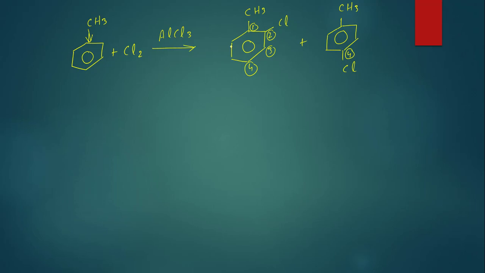Okay, if we are adding a lot of chlorine gas, for example if we have more chlorine gas, we can get a product like this. We can get one of the products like this: this is our CH3, with one chlorine here and one chlorine here.